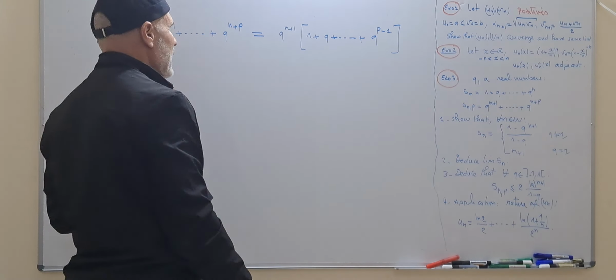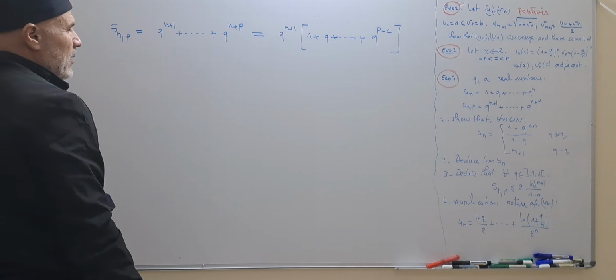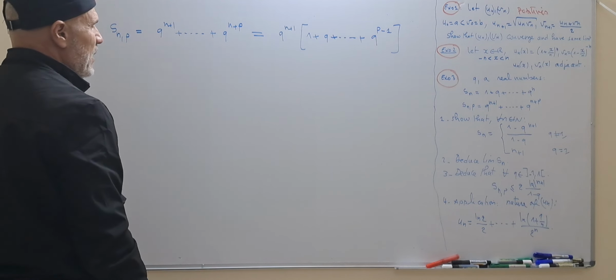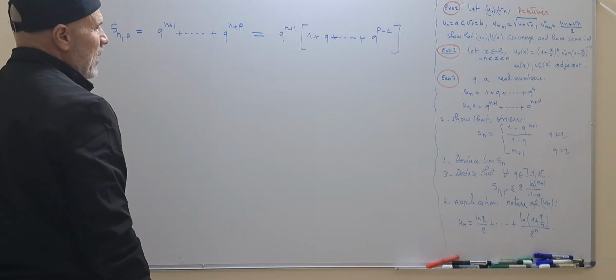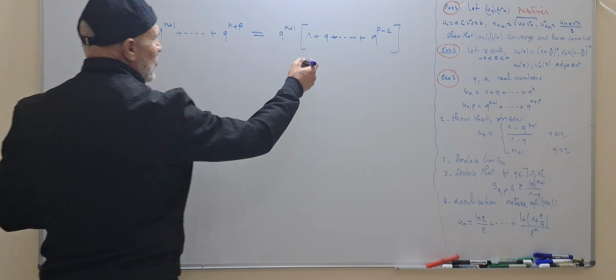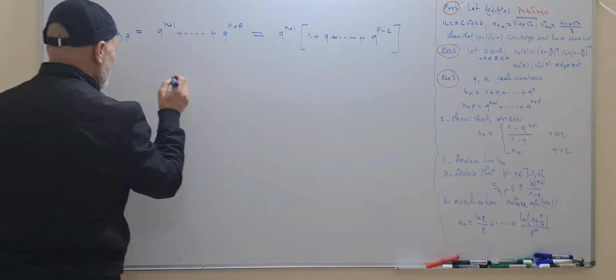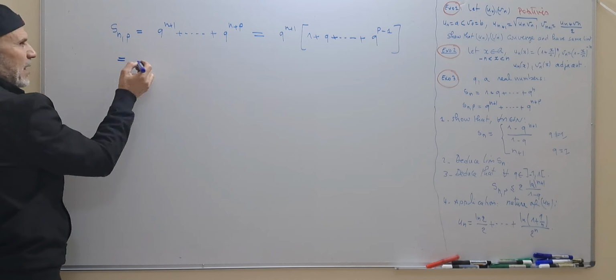If we multiply by n plus 1, we find n plus p. We know how to calculate this sum from the previous exercise.